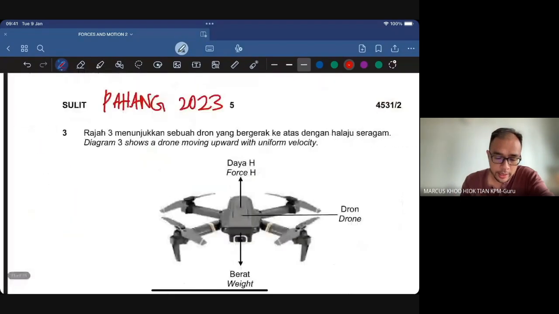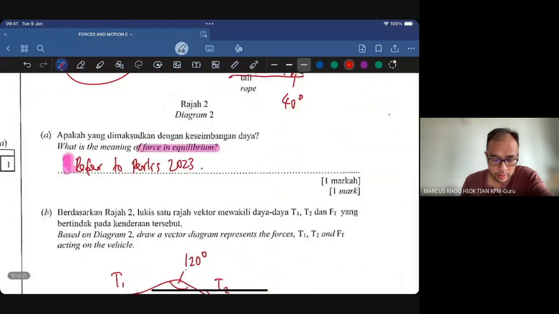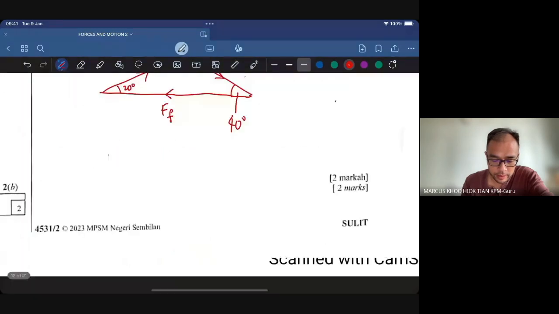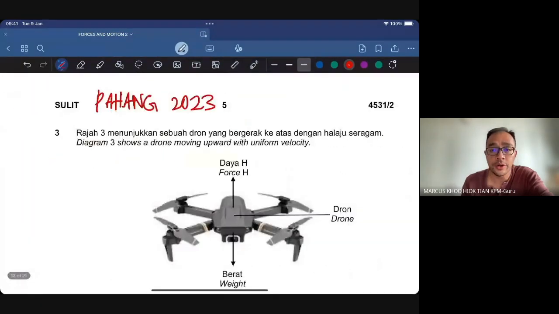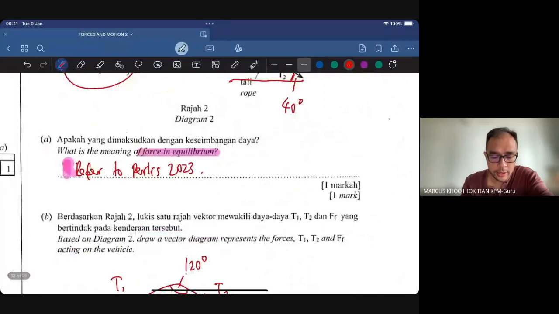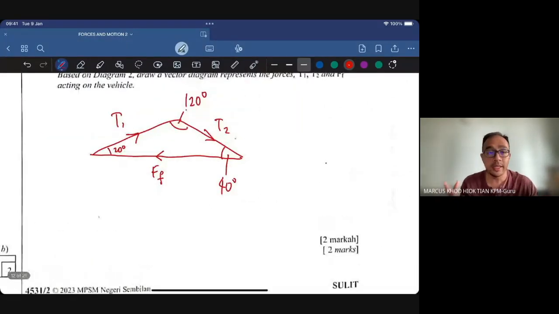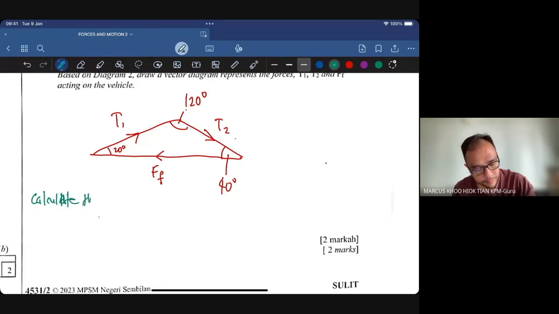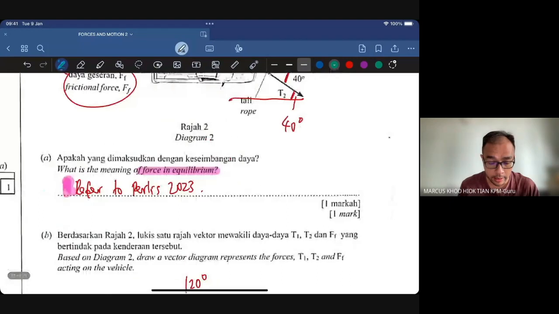Then, oh, sorry, there's a missing question again. I think it's either calculate T1 or calculate T2. Let's calculate the value of T1 first. Are the angles given?